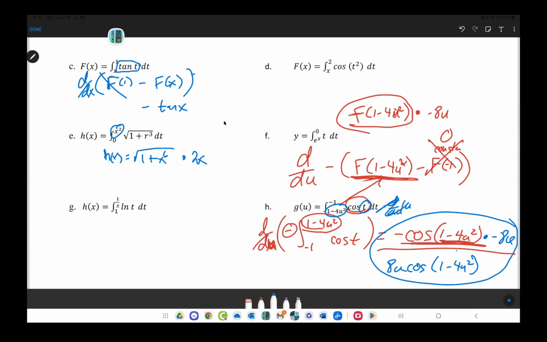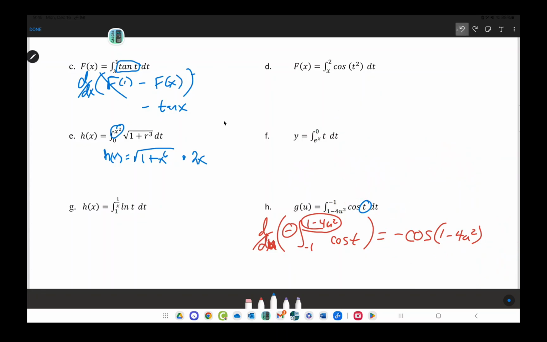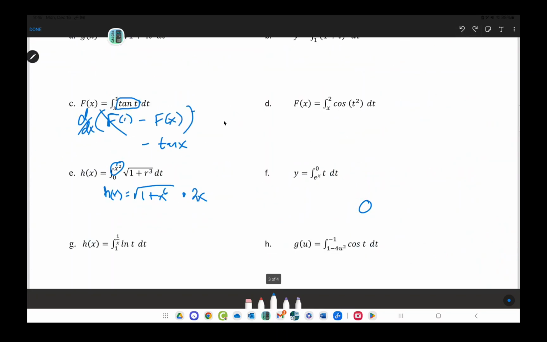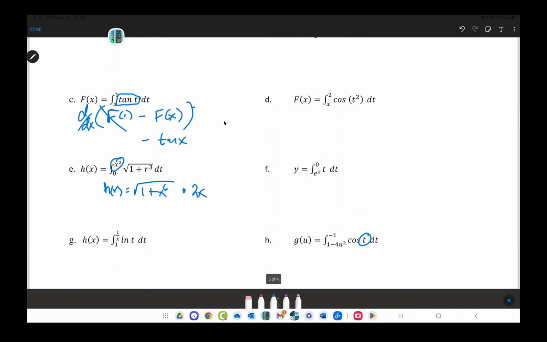Since it's flipped, it's going to be negative cosine of 1 minus 4u squared, and then multiply it by the derivative of the bound. That's as easy as it gets: replace t, my variable, with my bound, and then multiply by the derivative.